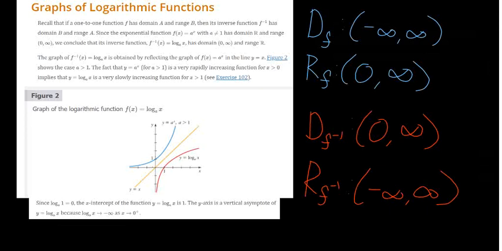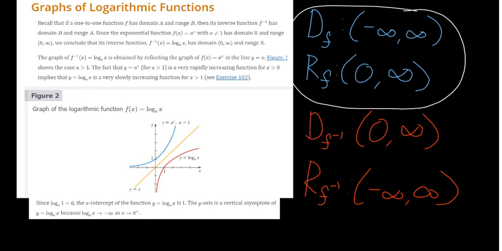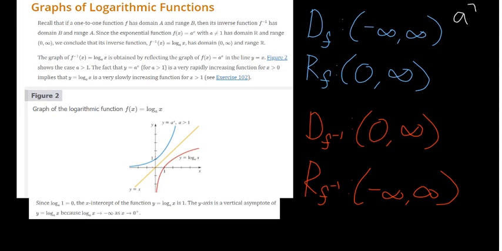Remember that this is the domain and range of exponential functions, a raised to the x power, and this would be log base a of x.